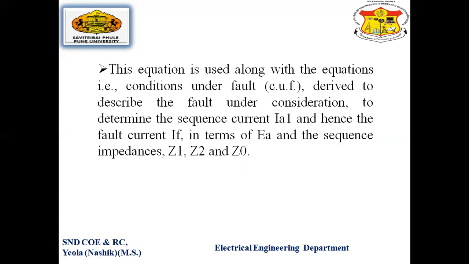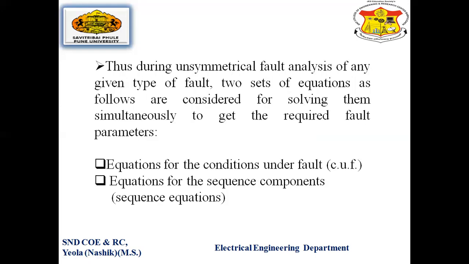This equation is used along with the equation derived for the condition under fault to describe the fault under consideration, to determine the sequence current IA1 and hence the fault current IF in terms of EA and the sequence impedances Z1, Z2 and Z0.